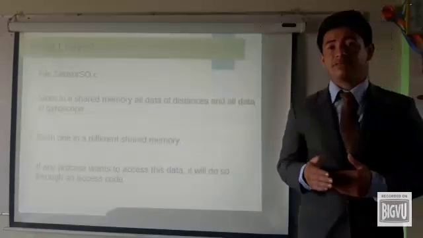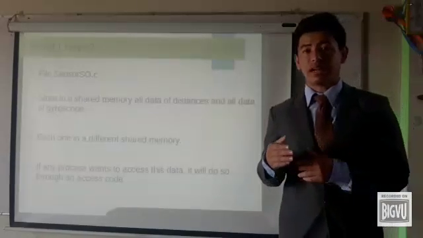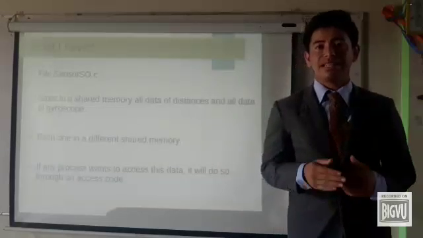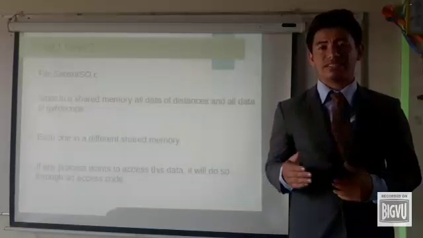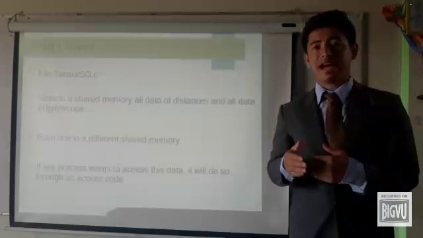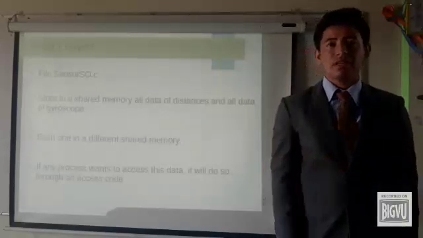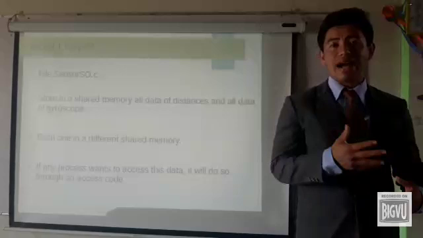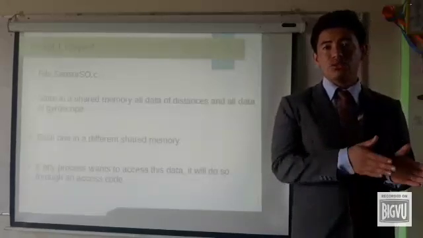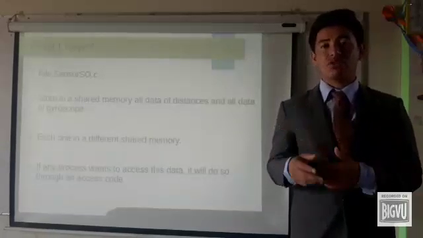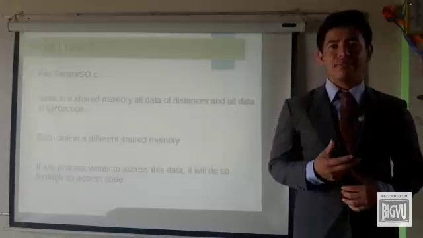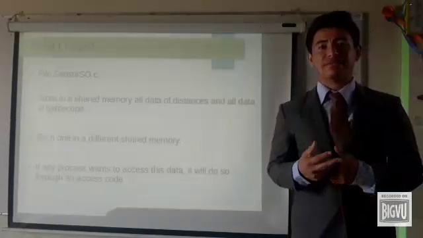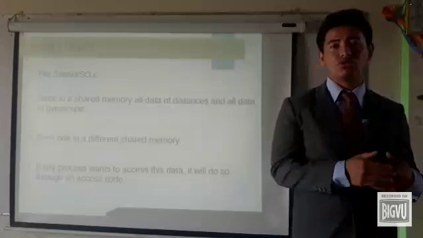Each generated data is placed in a shared memory, one to store all distances and another to store all data of the gyroscope. If any process wants to access the data, it will do so through an access code or key. Shared memory is the fastest way to share the data.